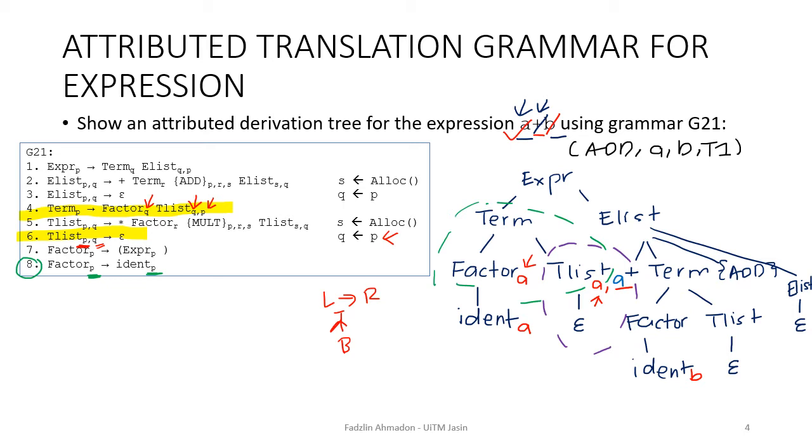Now, moving back to this rule again, rule number 4, term can be derived to factor T-list.